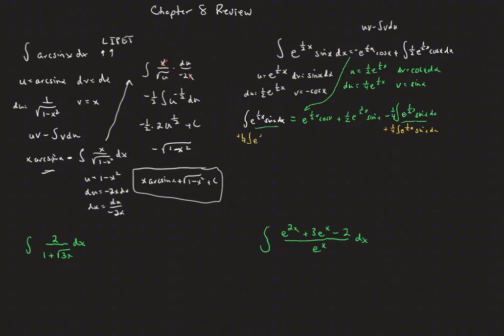So when we do, we see that we have exactly the same integrals. So one of these plus 1/4 of those makes 5/4 integral of e to the 1/2 x sine of x dx is equal to e to the 1/2 x cosine x plus 1/2 e to the 1/2 x sine of x.